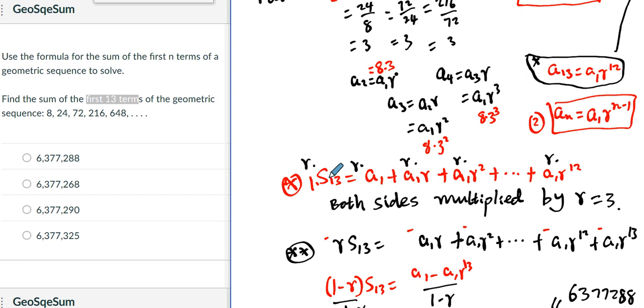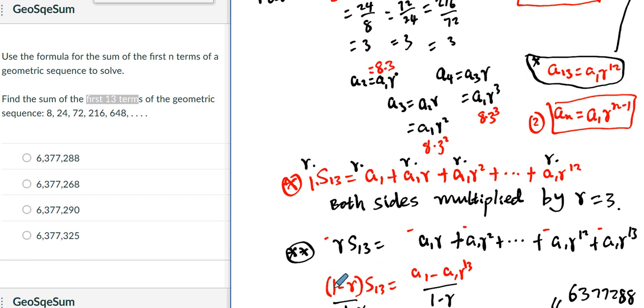Remember, in front of S13, you have a 1 right here. So you pull S13 out, you have 1 subtract r here.